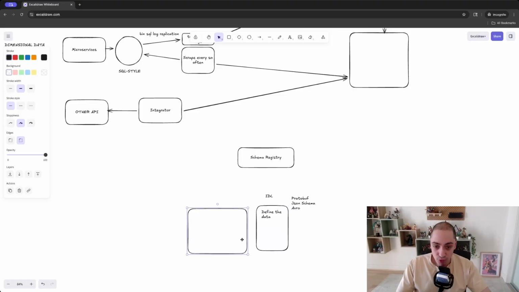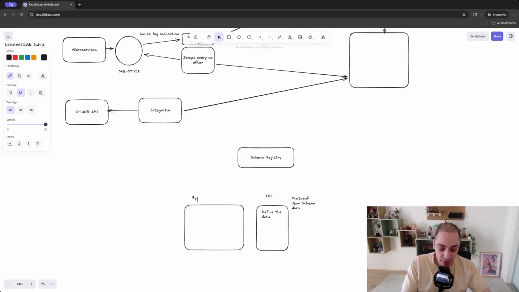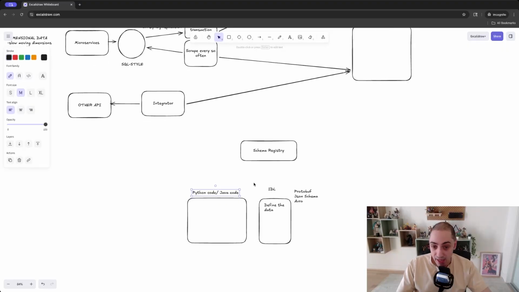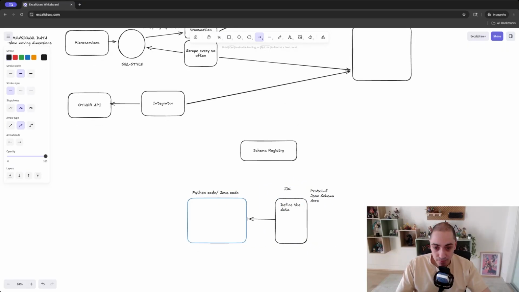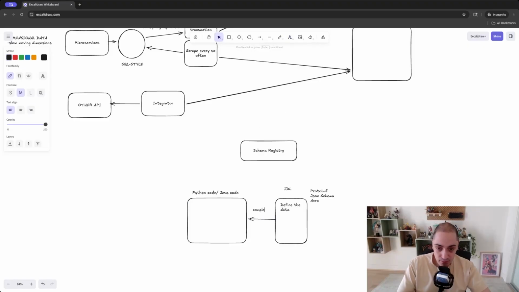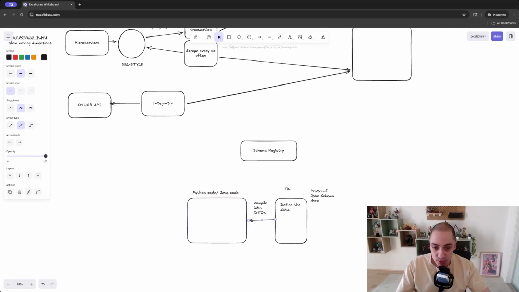And so let's say that you were writing some Python code or Java code or whatever. You will have this IDL alongside your code, which will compile into DTOs, data transfer objects, or DAOs, whatever you want to call them.